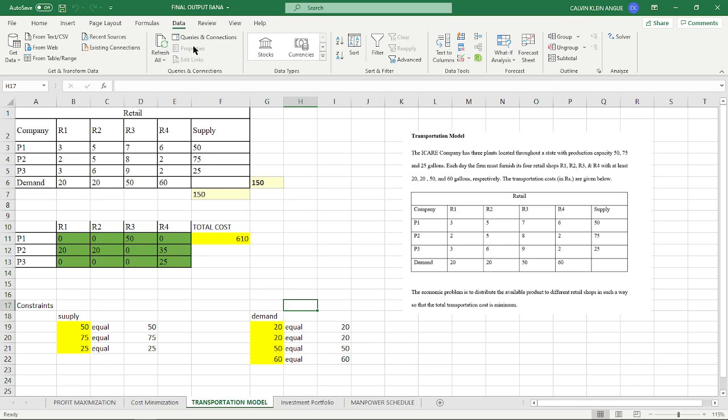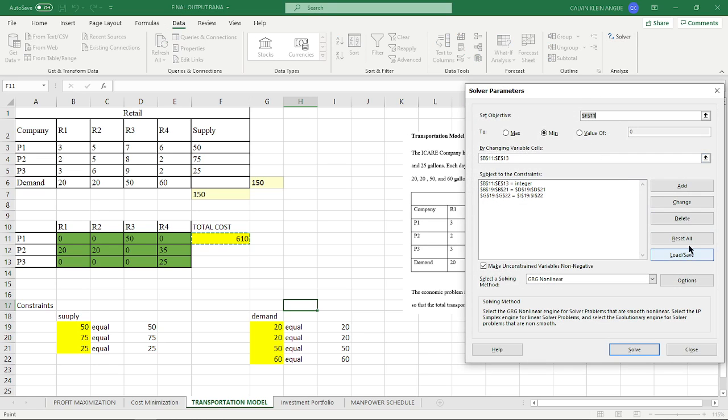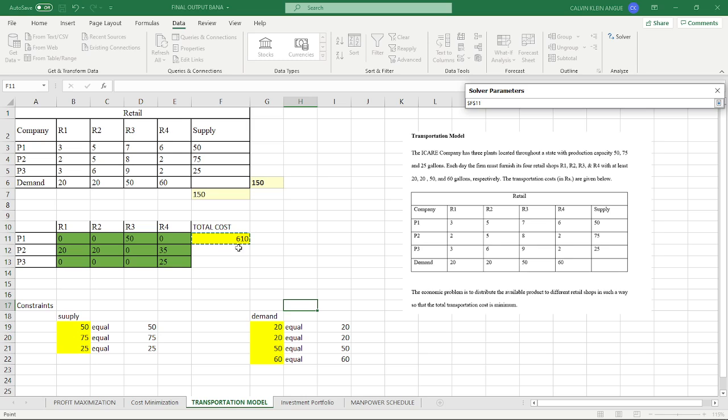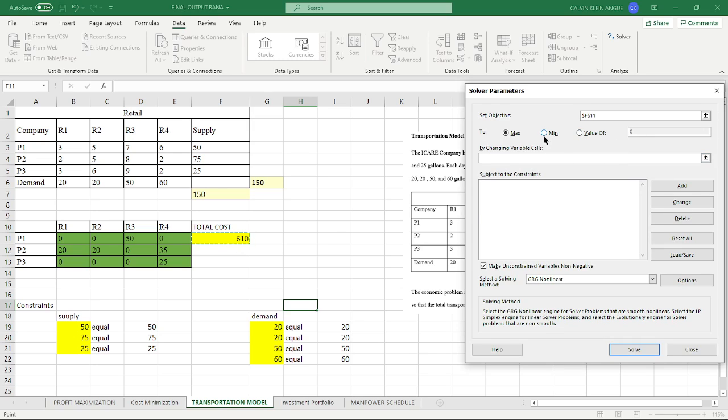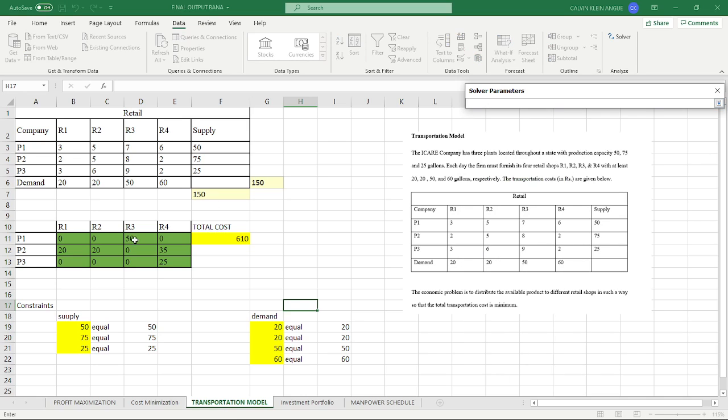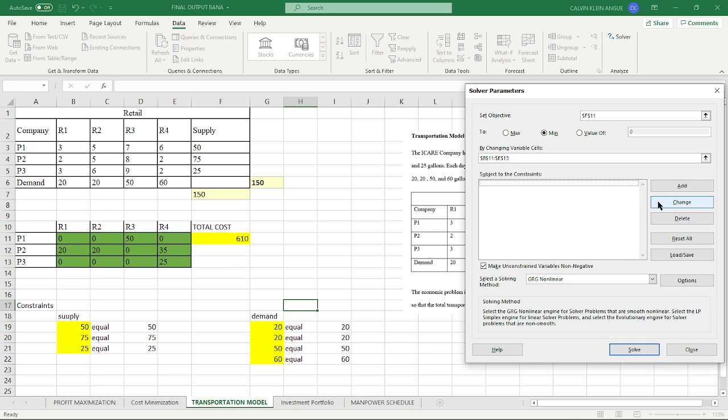So how do we solve it? Go to Data again and Solve. So I just reset this. So set our objective, this part. Remember, we need to minimize it again. Then our changing variables will be this. Then click add.